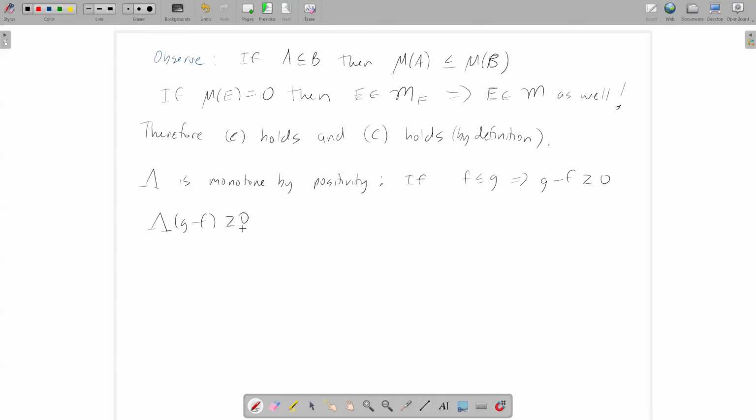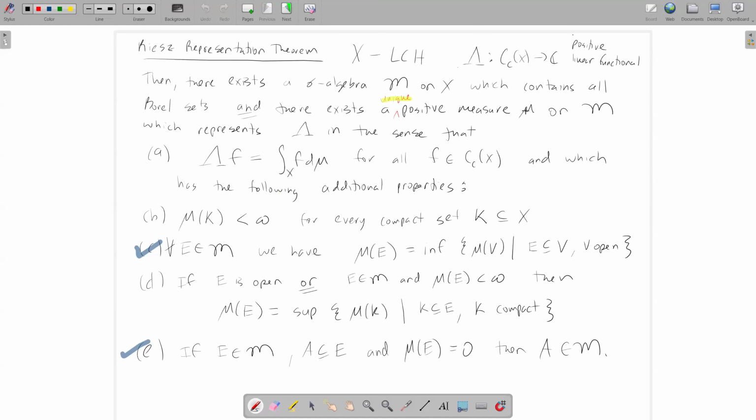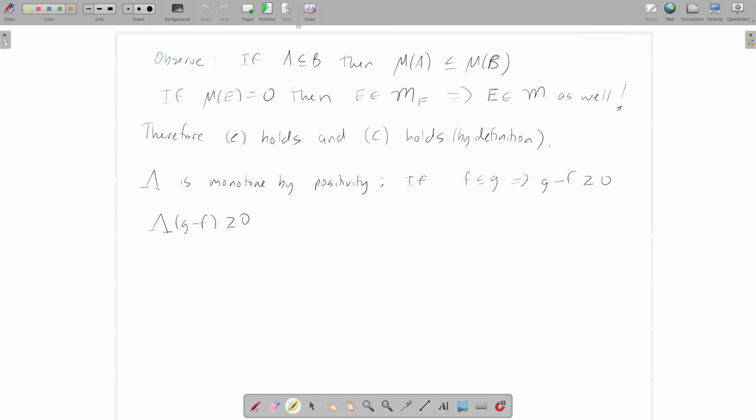Okay. So because we have a positive linear functional, let's not forget about that little condition. Positive linear functional. That matters here.